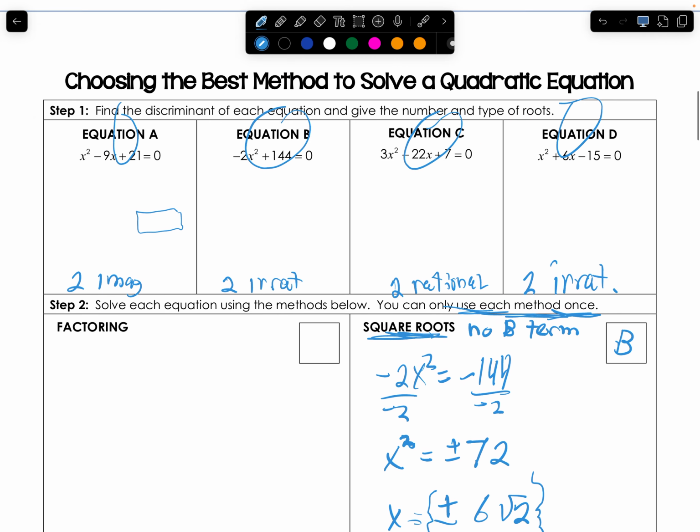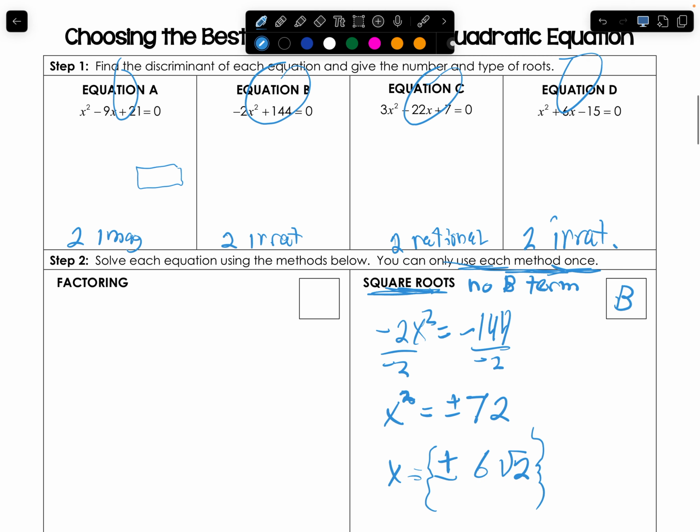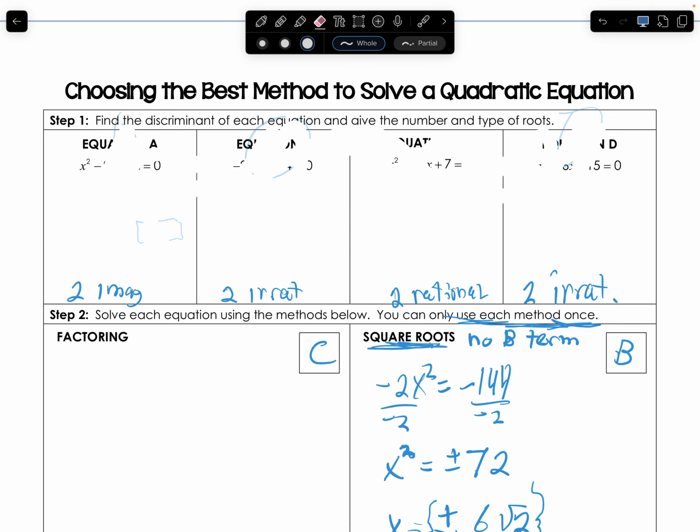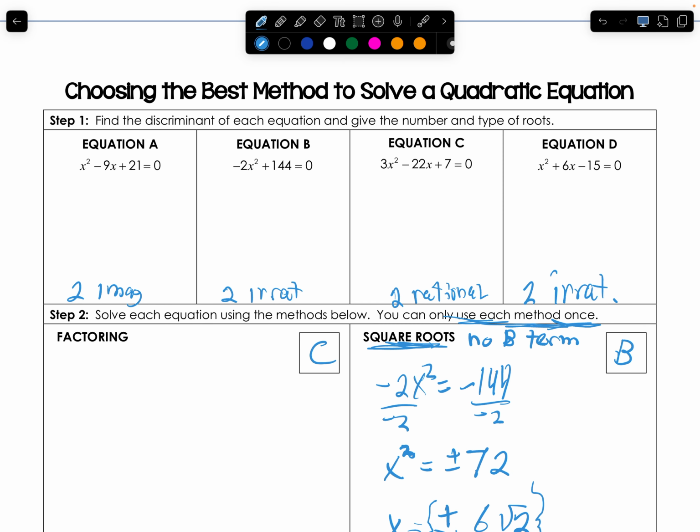Quadratic formula, I would pick something hard. Let's pick for factoring equation C. I don't think I could factor A or D. I can't find two numbers. I'm going to tell you that factoring A isn't going to happen because you're going to try and you're not going to find two numbers that'll work.